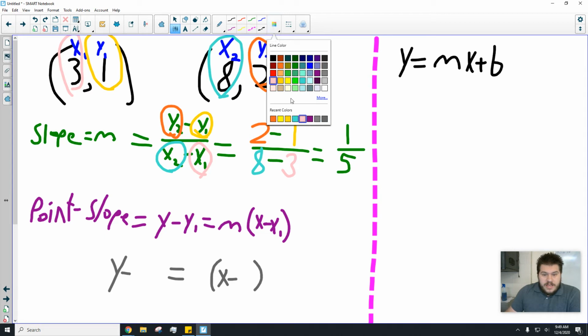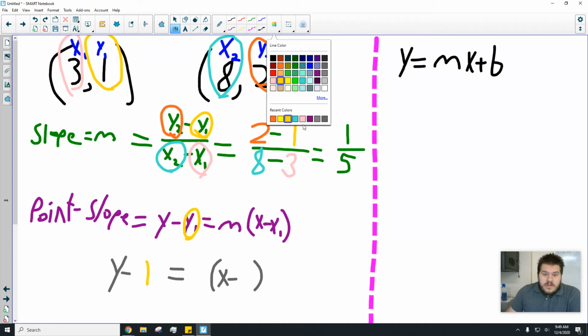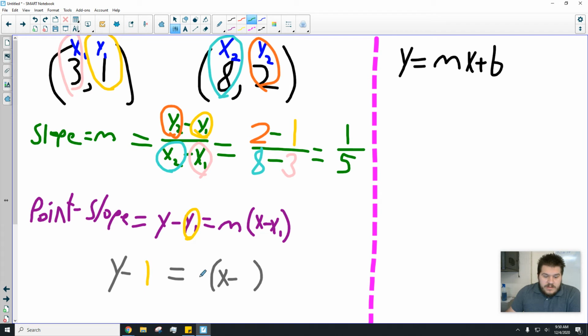First thing I need to plug in, we can just do it in order. This first blank here is y1, which, if you remember, is 1. Next, this blank here is our slope, which we did an entire formula to find, and it's just 1/5.